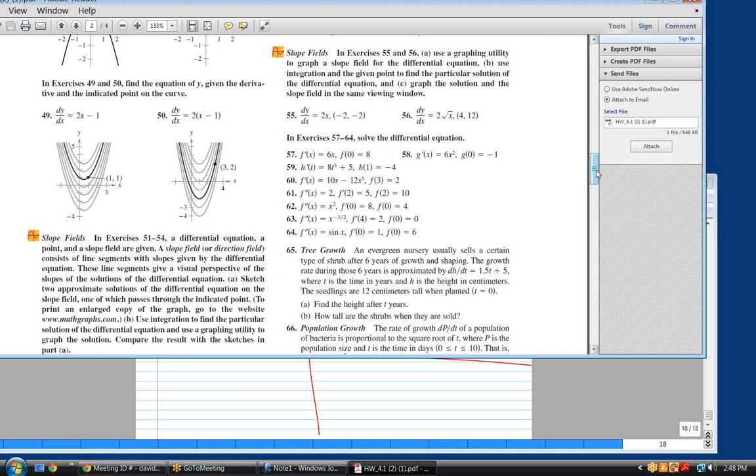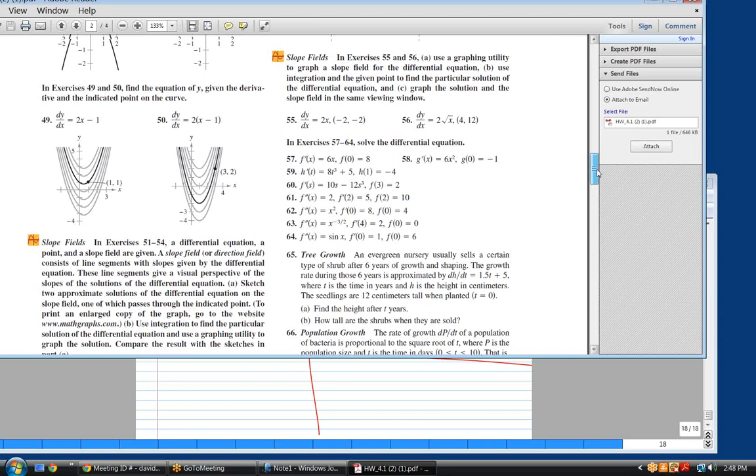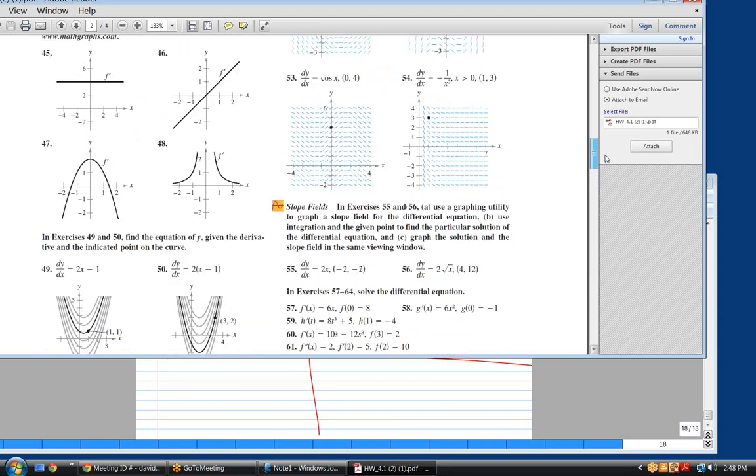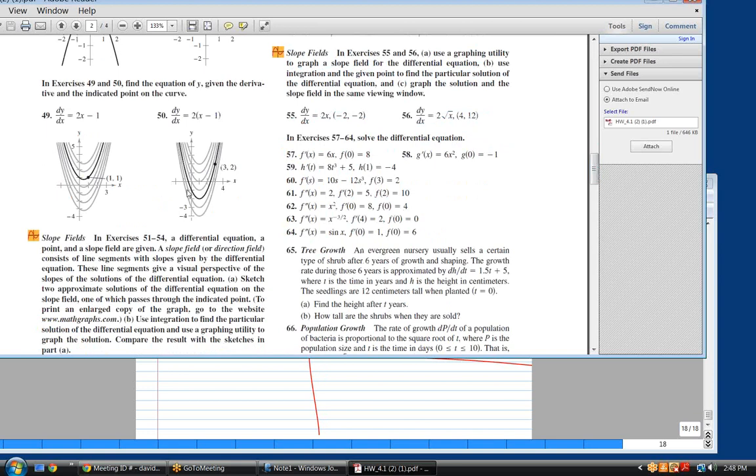56. Okay. Notice that 55 and 56 are exactly the same as 49 and 50 and 51 through 54. The only difference whatsoever is they're not giving us the slope field. Here they gave us a modified slope field.